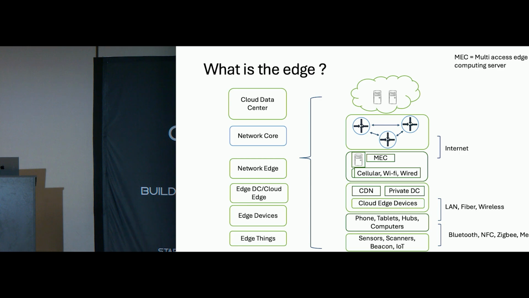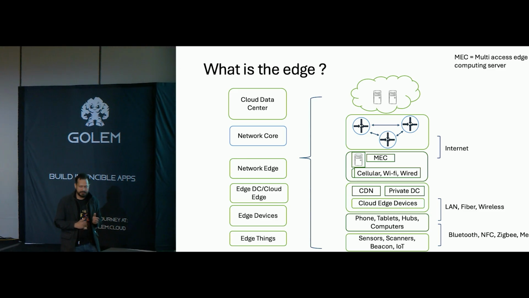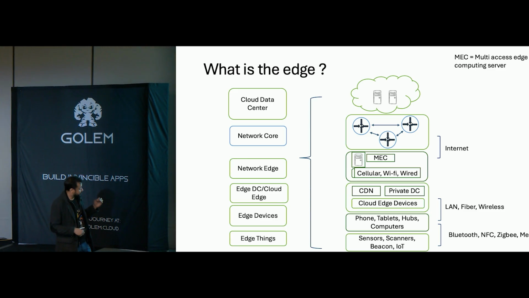Then we come to the edge. After the provider edge, there are several things we can include in edge computing. The network edge is where a service provider has enough infrastructure that they can build dedicated high-speed networks to work with your cloud devices. So this is Verizon and AT&T. These companies have built their own small data centers, which are very highly connected to 5G or whatever the latest network technology is.